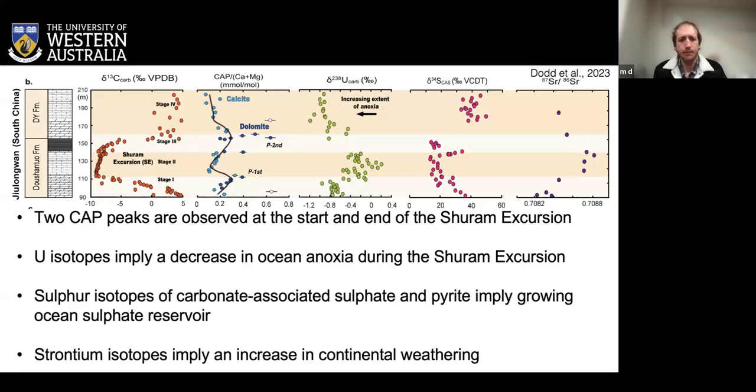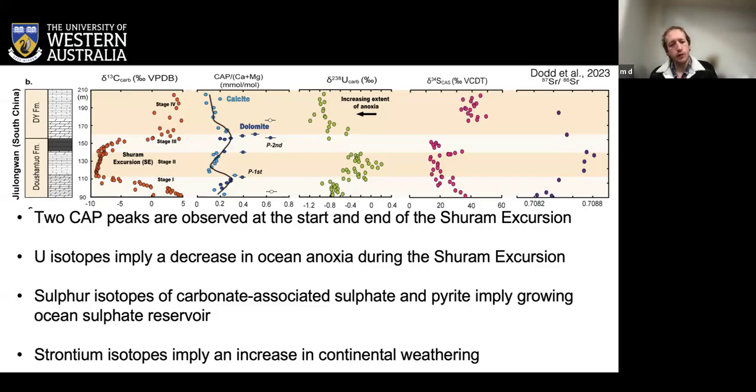What's really the key takeaway here is that before the Shuram excursion, extensive ocean anoxia was fairly large, as indicated by the negative values.